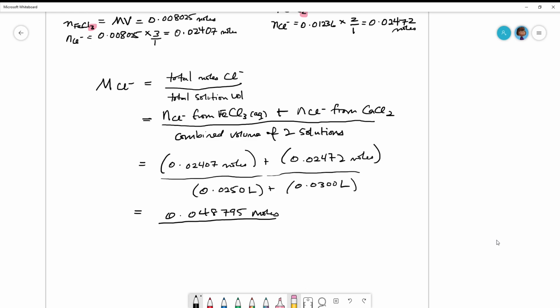And that final solution has a total volume now of 0.0550 liters, which means, drum roll please, the final solution concentration of just the chloride ions is 0.887 moles per liter, or of course we can write this as 0.887 with the big M.